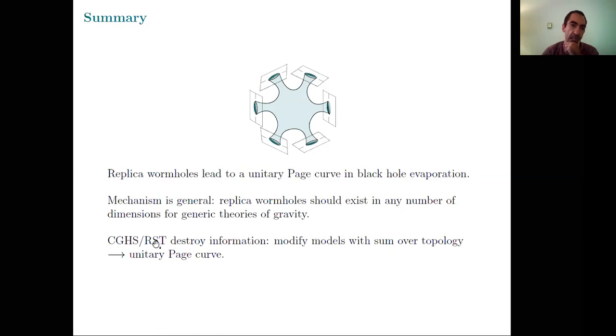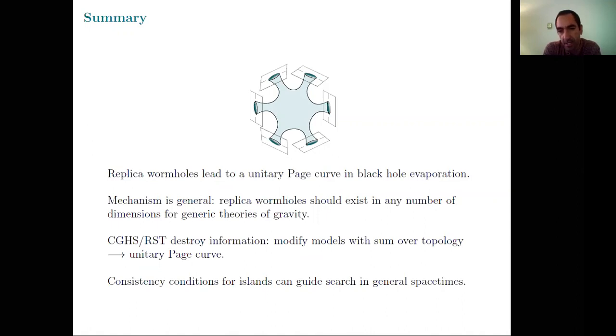And the bulk of this talk, we were talking about the CGHS or RST models. They, as understood, seem to destroy information. You might want to modify these models by summing over topology, and the proposal was that that would lead to a unitary Page curve. It would be nice to understand this sum over topology better and how to define the model in that context, but it's not currently understood.